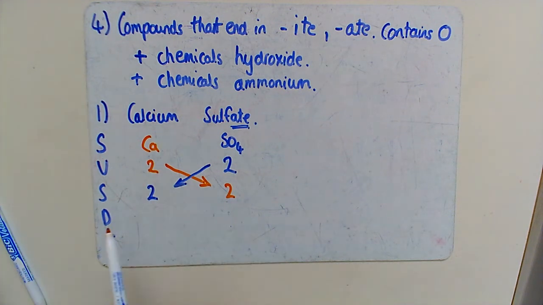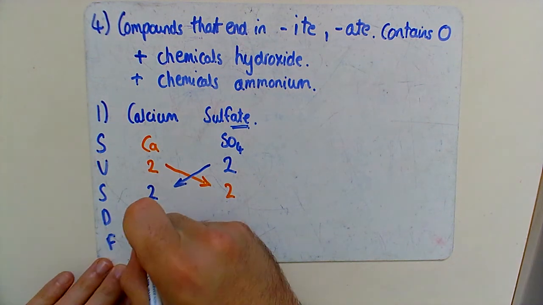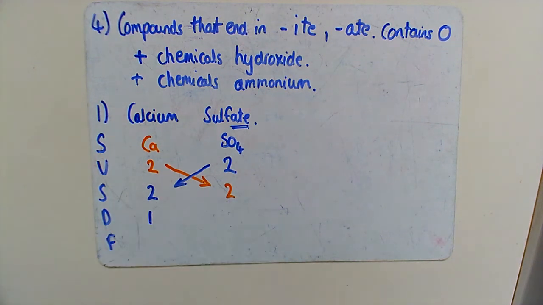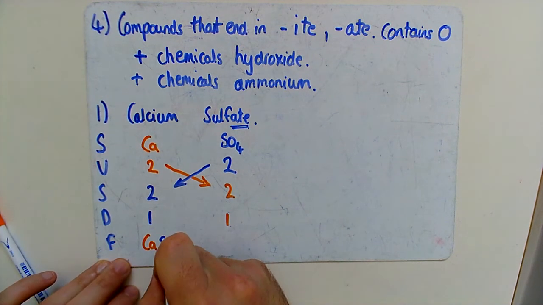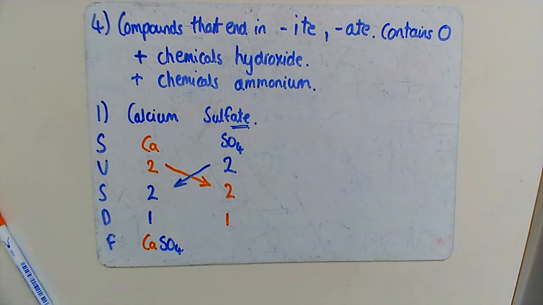Then we've got to ask ourselves, can we divide through to make anything more simple? The answer is yes. We can divide each side by 2. And then because we've got one of each, we just write the symbols. So we would write Ca SO4.